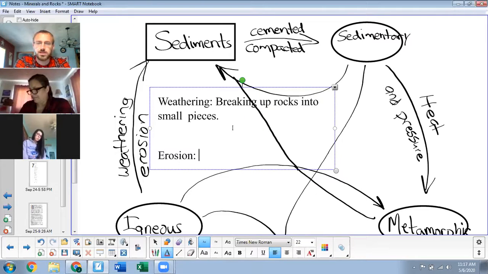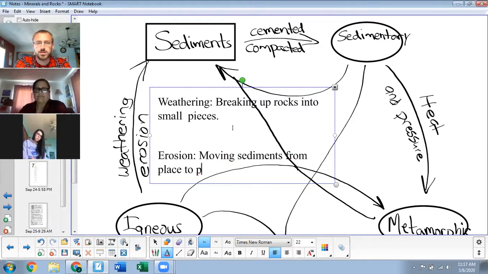Erosion is moving sediments from place to place. So weathering is the breaking it up. If it's like in my driveway, because I have a gravel driveway and it's on a hill, sort of, when it rains, I get like this river that forms on my driveway, and it washes away some of the smaller sediments from my gravel driveway and fills in another area.